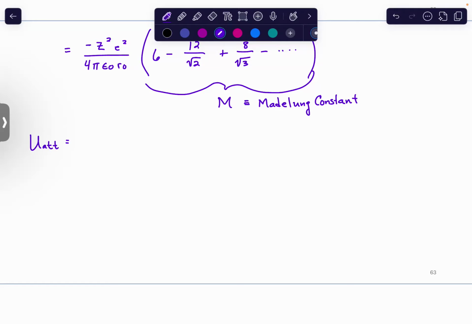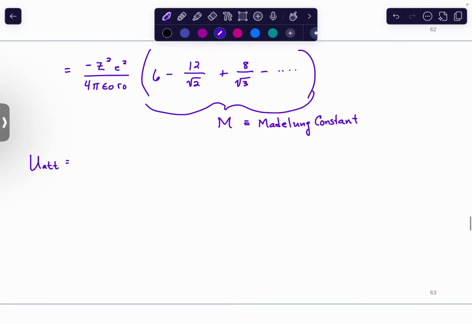Our attractive potential is now going to be a variation of this, so negative A, Madelung constant, C plus, C minus, C squared.